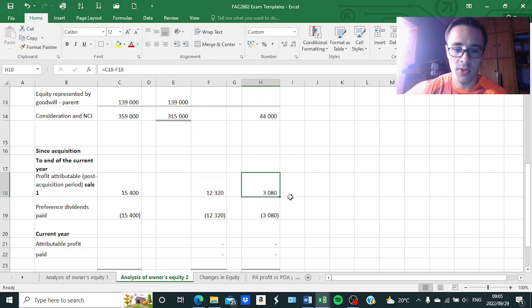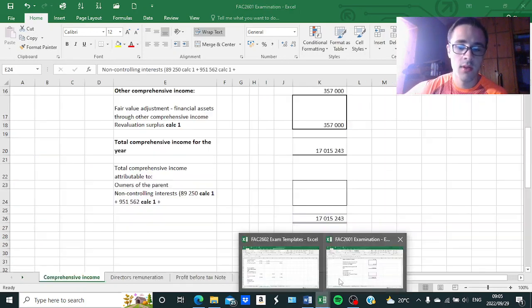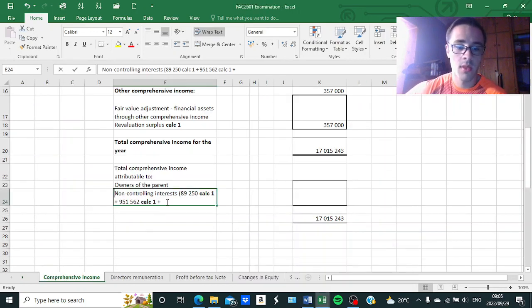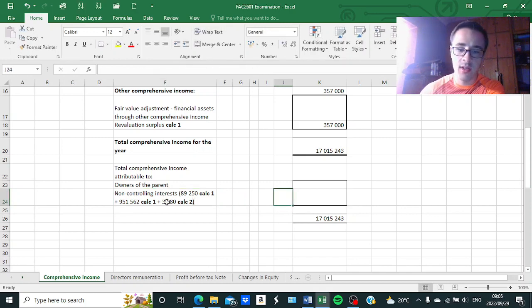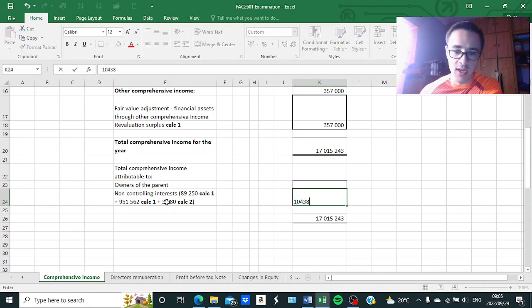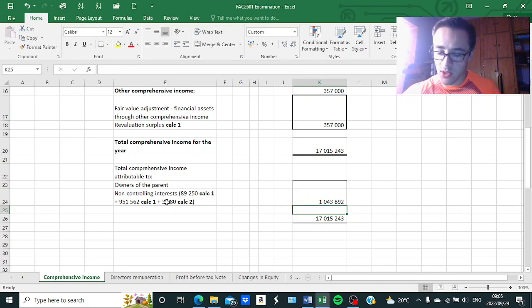This amount must also be added. 3,080, according to calculation 2, the analysis of owner's equity of preference shares, and you should get a total amount of 1,043,892.